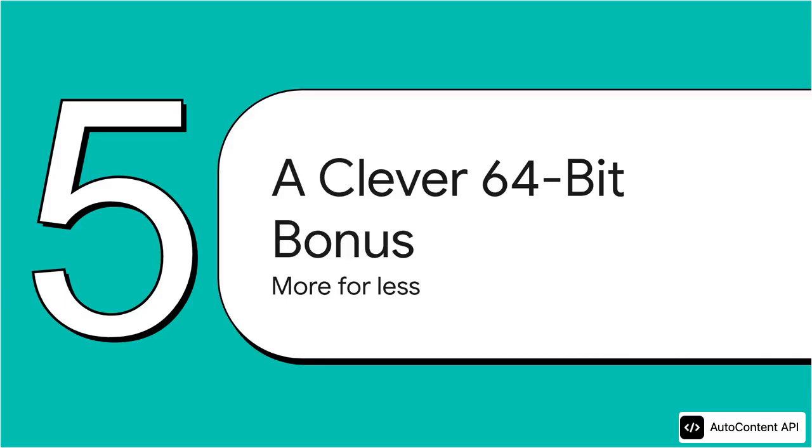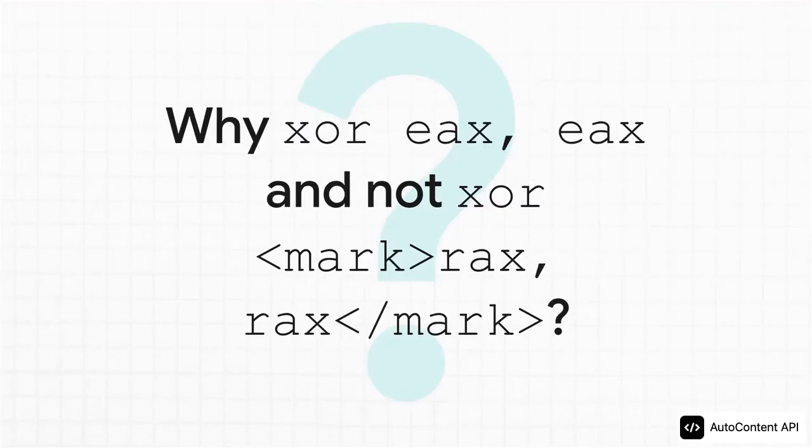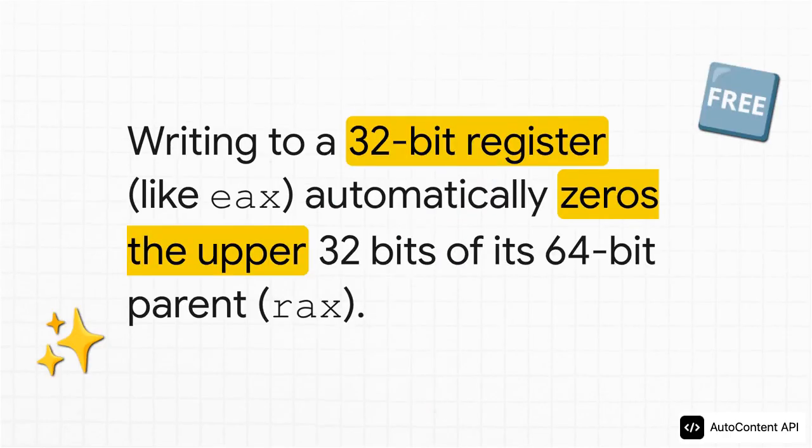And just when you think this trick can't possibly get any smarter, there is one last beautiful layer of cleverness, especially for our modern 64-bit computers. You might be thinking, okay, wait, on my 64-bit system, I've got 64-bit registers. The big one is RAX. So why are we still using EAX, which is just the 32-bit version? Wouldn't it make more sense to use XOR RAX RAX? Well, the answer is another incredible hardware optimization.